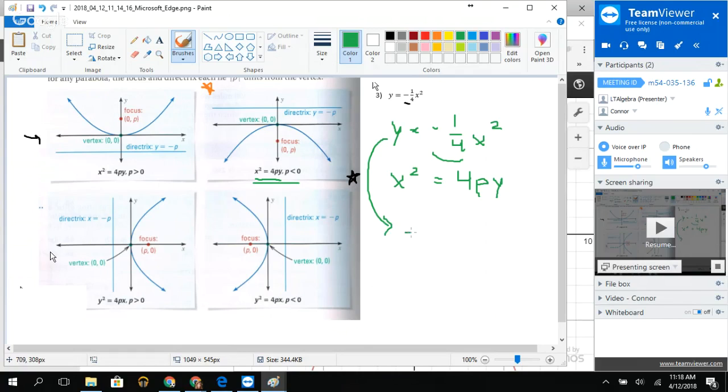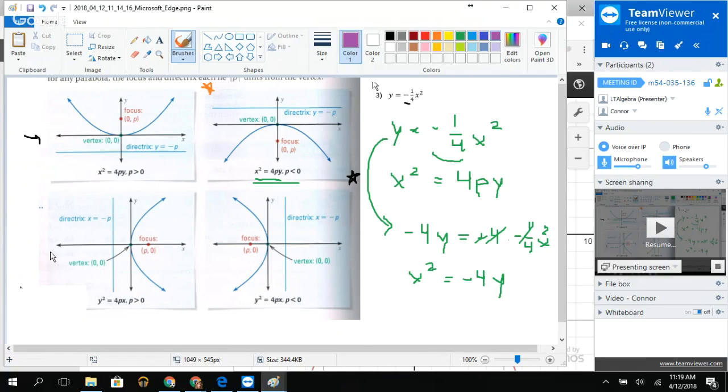So I'm going to multiply both sides by negative 4. So I have negative 4y equals negative 4 times negative 1/4 x squared. These cancel each other out, and I end up with x squared equals negative 4y.